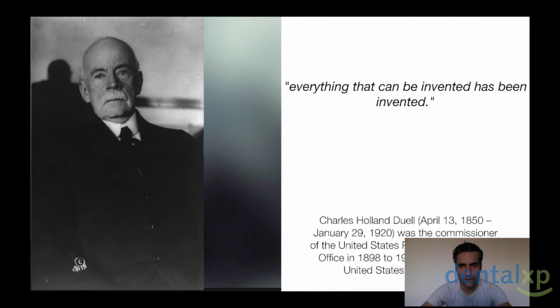There is a quote from a man that is shared all over Google, that he was the commissioner of the United States Patent and Trademark Office, and he said that everything that can be invented has been invented. This quote should never be said, and as you know, there are a lot of things that were invented since then.